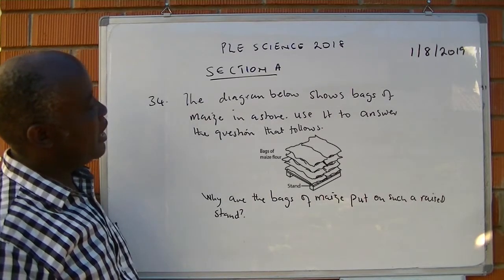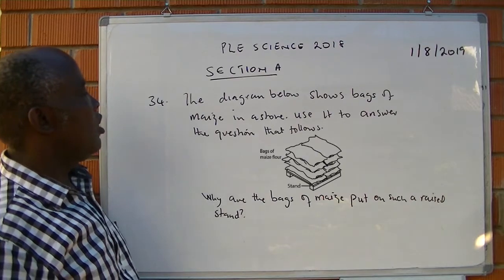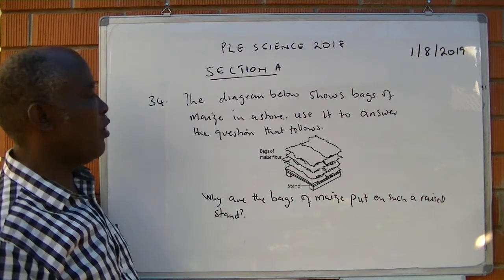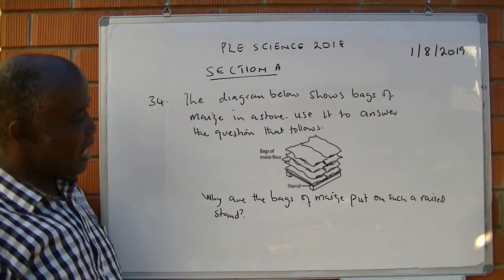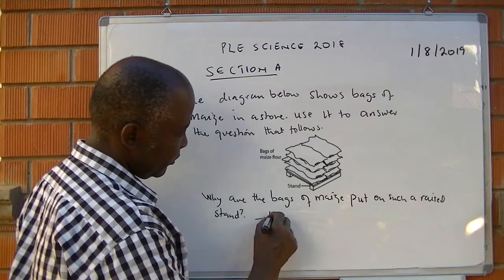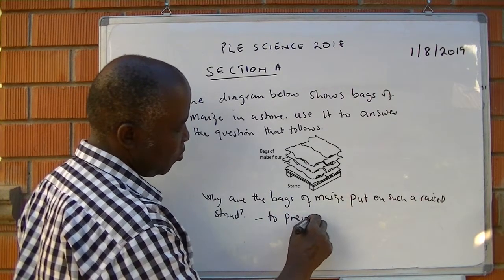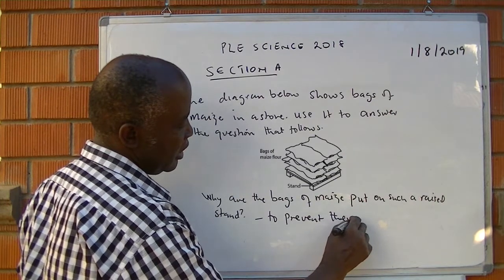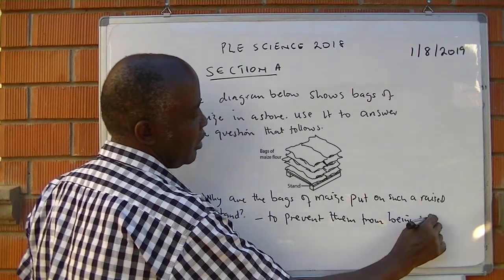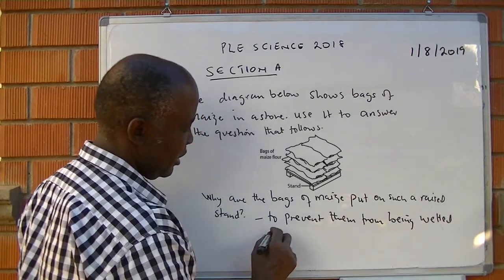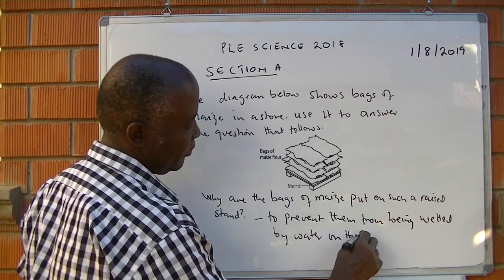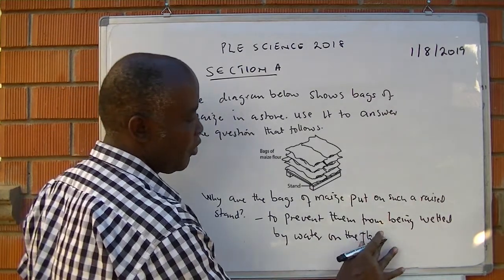Number 34. The diagram below shows the bags of maize in the store. Use it to answer the question that follows. Why are bags of maize put on raised stand? To prevent them from being wetted by water on the floor.